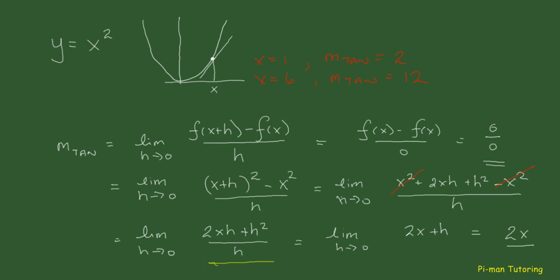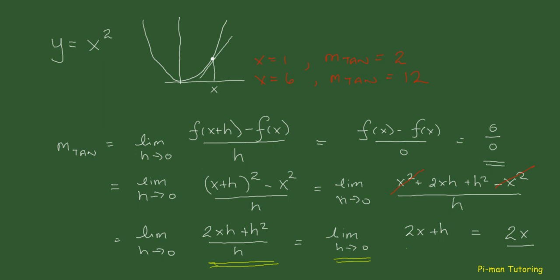And in this expression here, we said we're going to cancel h's on top and bottom. So that means that h is not allowed to be 0 when we do that. So we're dealing with the limit as h gets closer and closer to 0, but not actually 0. And that allows us to cancel h on top and bottom.